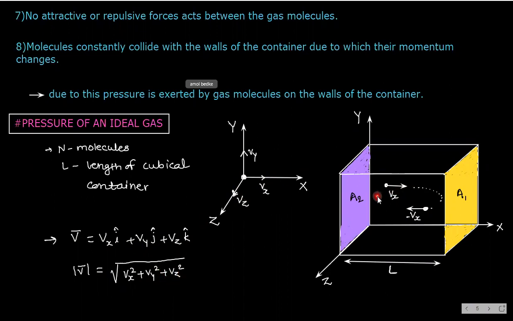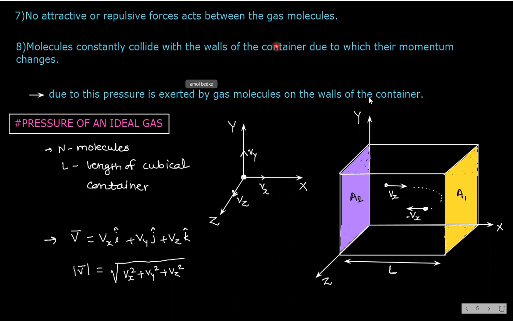What we did: we have placed some molecules in a cubical container, and these molecules are hitting this wall and coming back with the same velocity in the opposite direction. And now we have to derive the expression for pressure.